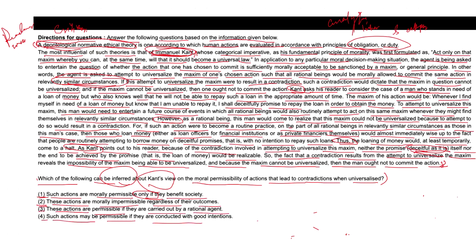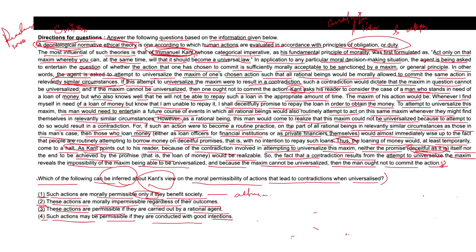Let's look at the first option: such actions are morally permissible only if they benefit society. This choice suggests that actions are okay if they help society, but this is not what Kant believes.